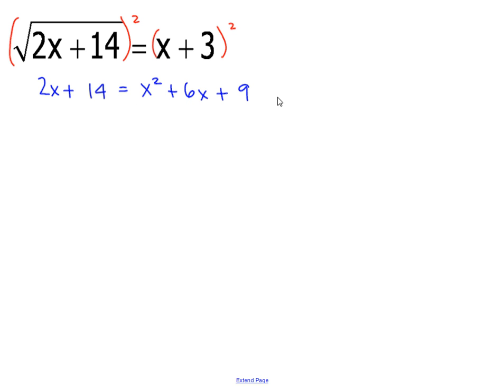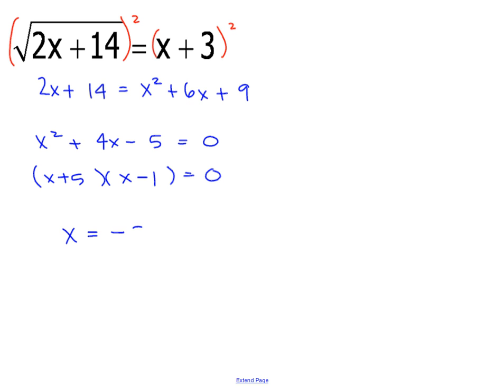Now I'm going to move everything over here. So I have x squared plus 4x minus 5 equals 0. Then I'm going to factor the left side. This one factors into x plus 5 and x minus 1. Then you would set each of your factors equal to 0 and solve. So I would get that x equals negative 5 and positive 1.